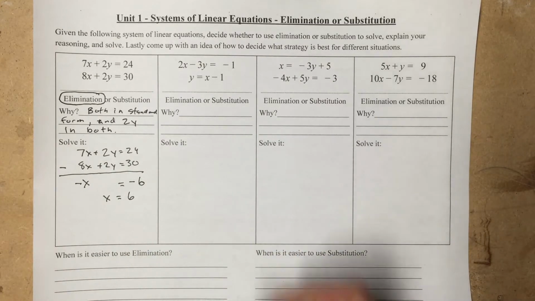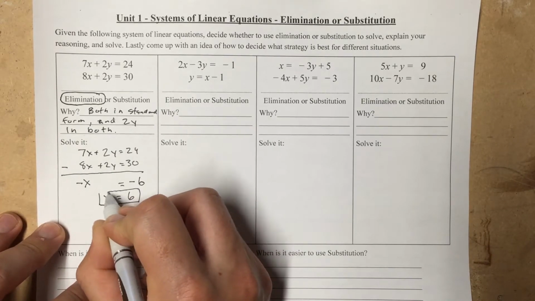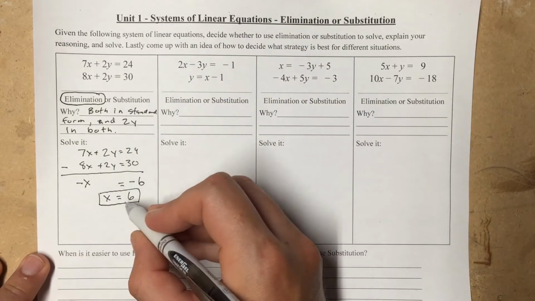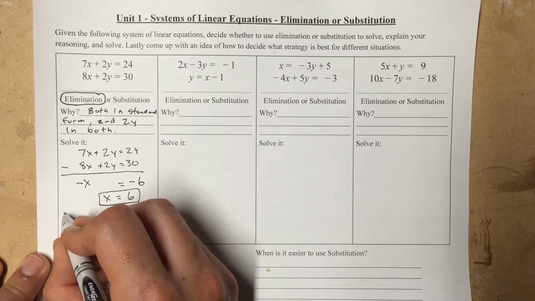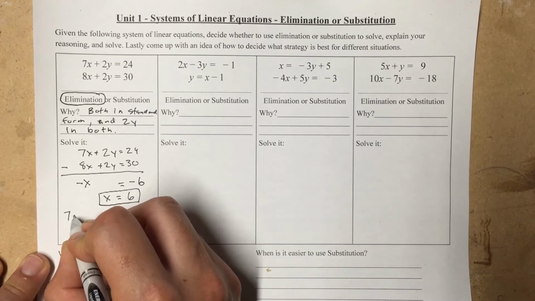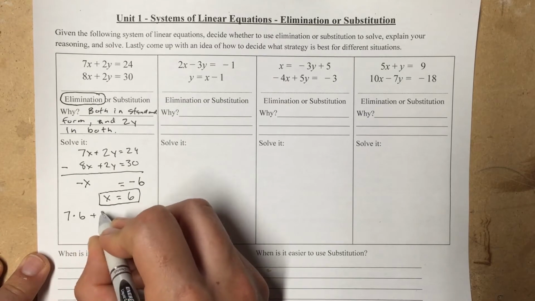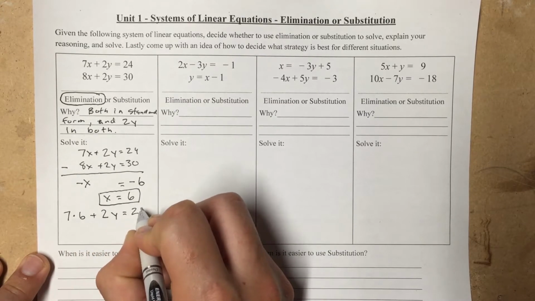So I learned that x is equal to 6. Now we still need to figure out what y is, so I can plug this x into any of these equations. I'll just choose the top one. So 7 times 6, plus 2y equals 24.